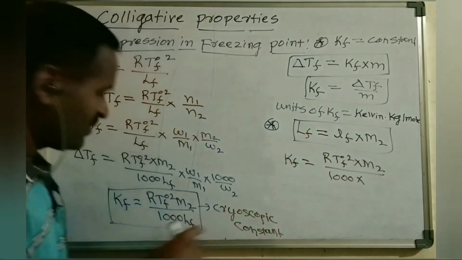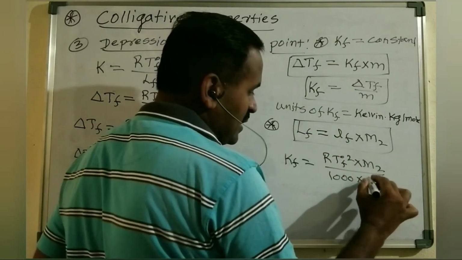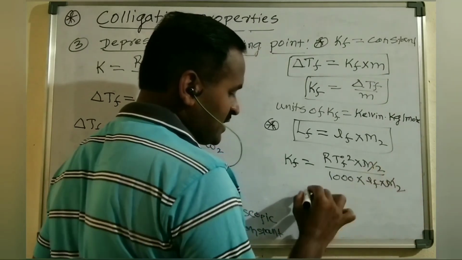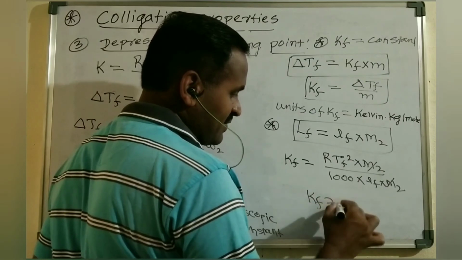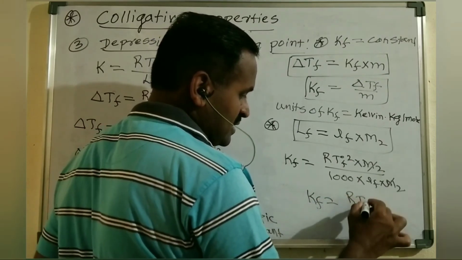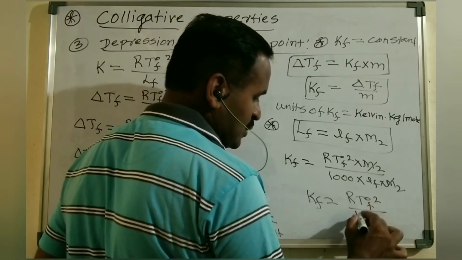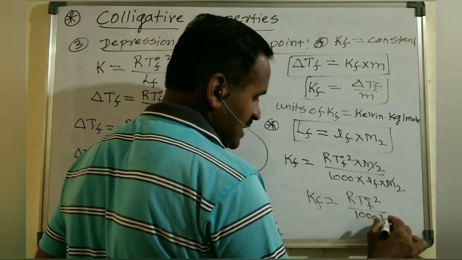Instead of this LF you can write small lf into M2, and M2 gets cancelled, so KF equals R T naught F square divided by 1000 small lf.